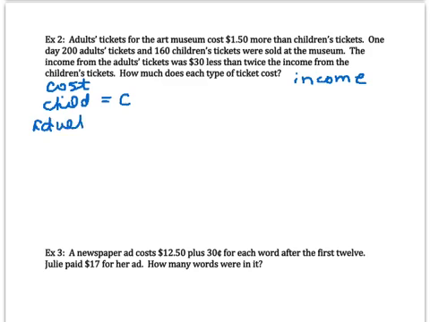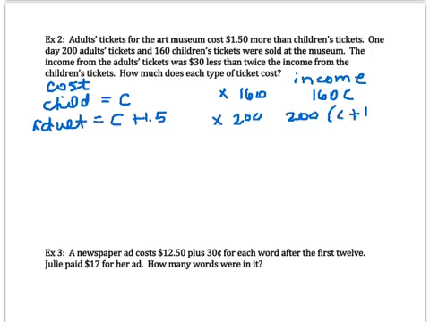Cost for an adult ticket is going to be C plus 1.5 for $1.50. Now the income, we're going to take the cost and multiply it by the number of tickets. So our income is 160C, and for the adults, it's 200 times C plus 1.5.